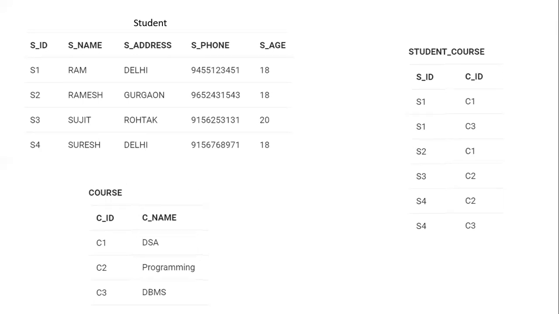Now that outer query will return the student IDs which have enrollment in C1 and C3, means S1, S2, and S4, right?